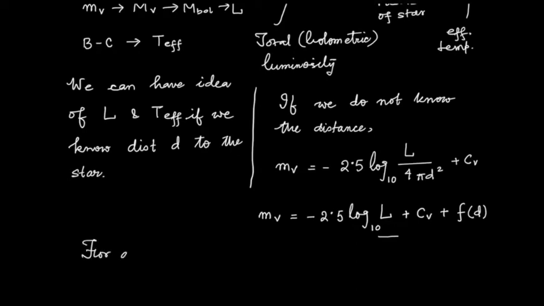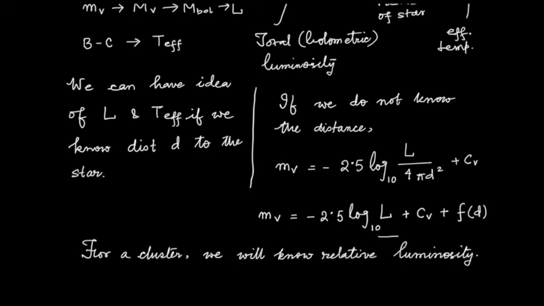So for a cluster, we will know the relative luminosity. Okay, so we have some idea about the luminosity of the star, be it in some relative unit, and the effective temperature of the star.